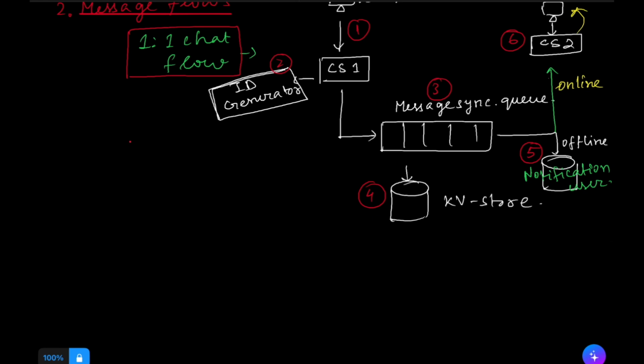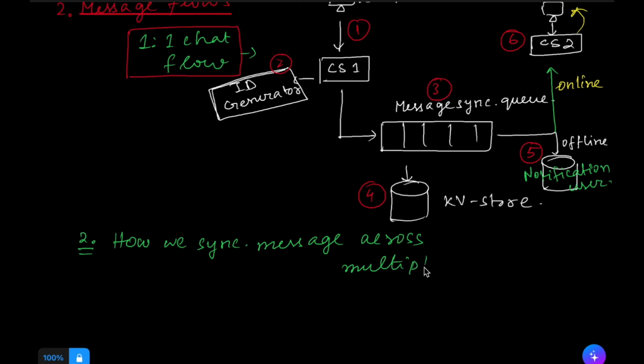Another question which might arise is, suppose I am using this chat application on both my mobile application and the web app. How do we sync messages across multiple devices? Consider the scenario: we use WhatsApp on our mobile phone most frequently.